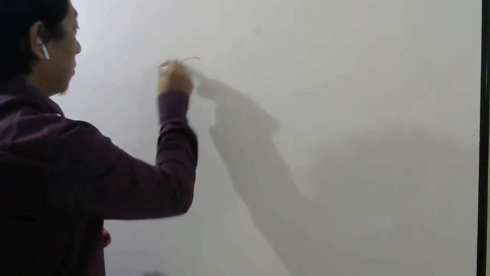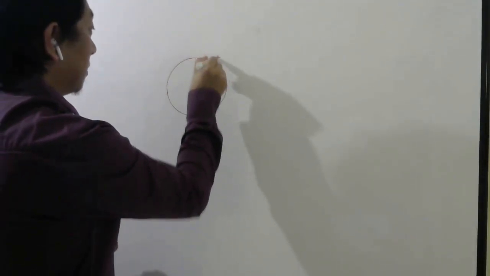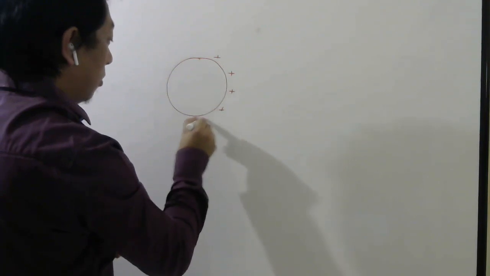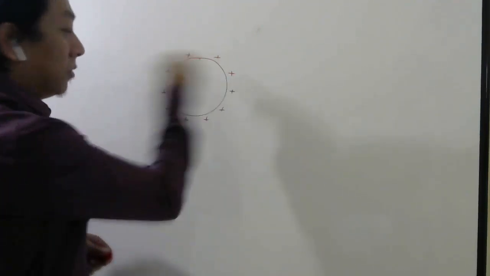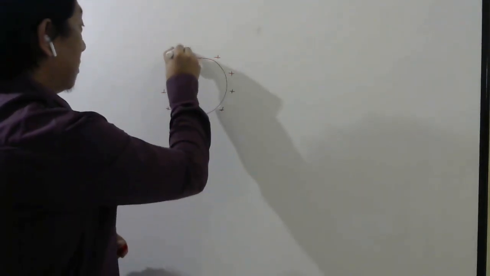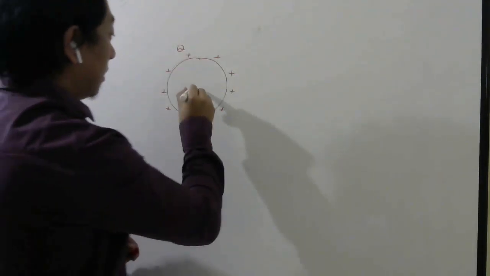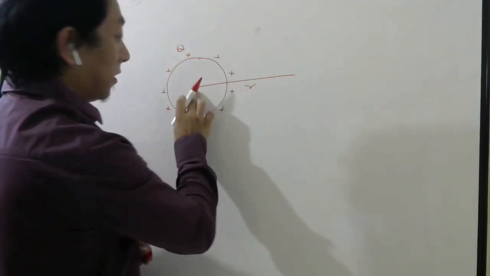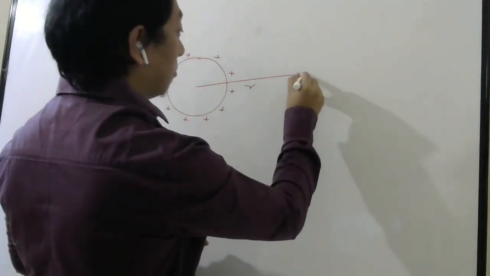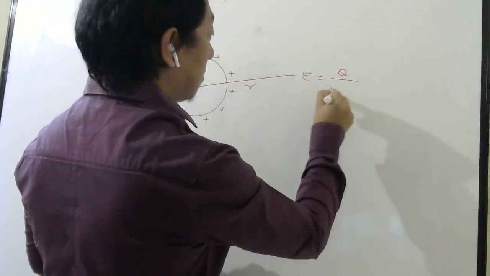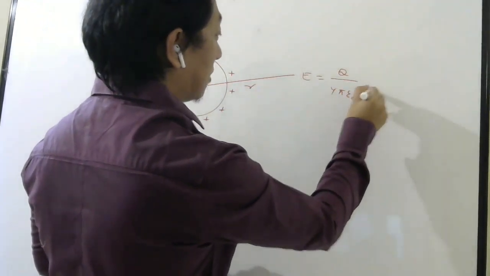So if I give you a shell of charge, shell means hollow sphere, then if the charge is uniformly distributed and the total charge is capital Q, then at a distance r from the center, not from the surface, from the center, electric field formula was Q divided by 4 pi epsilon naught r square.